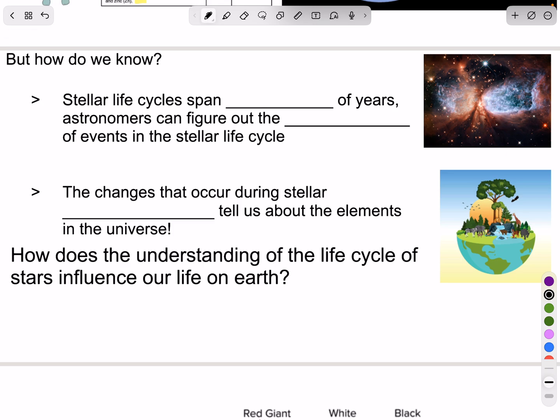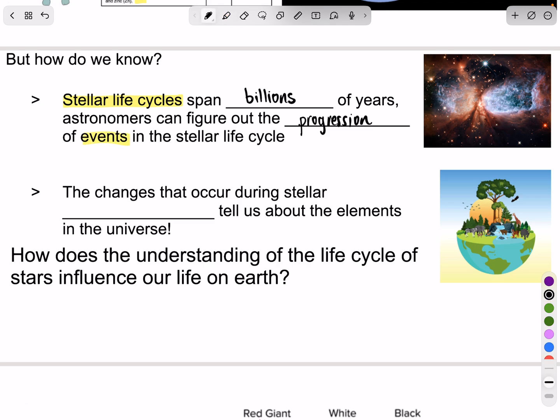And I know I have all my questions. The question that I constantly get when we talk about space and stars and all of this stuff is, how do we know? Because space is so far. It spans billions and billions of miles. So how do we know that this happens? Since stellar life cycles span billions of years, astronomers try and figure out the progression of events in the stellar life cycle.